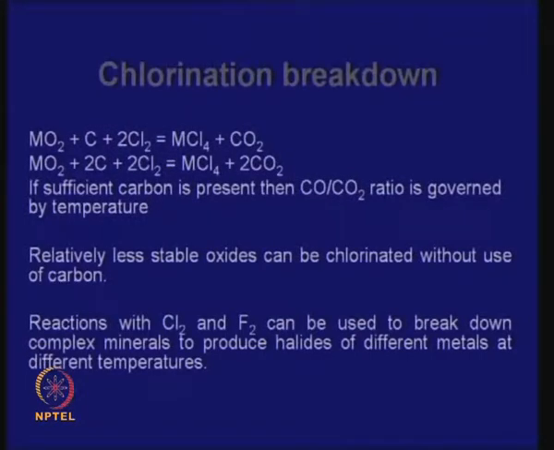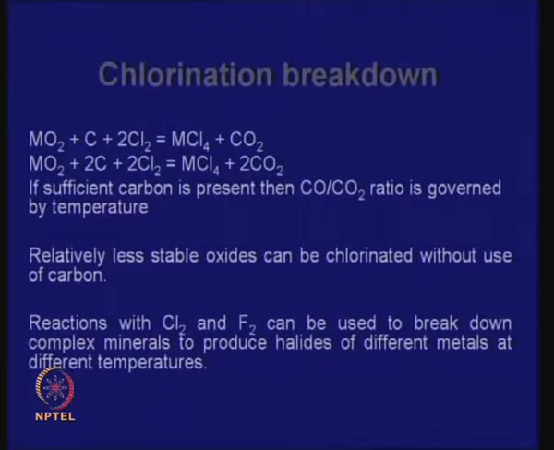Now, one very general method that is applied in many cases is to take an oxide and convert it into a chloride, which could be a liquid or it could be a gas. If it is a volatile chloride, then the gas will be taken out and condensed. If it is a liquid, of course, the liquid will be drained out.